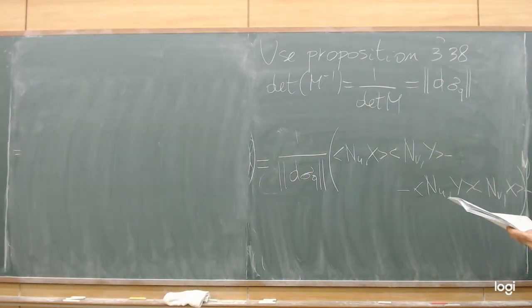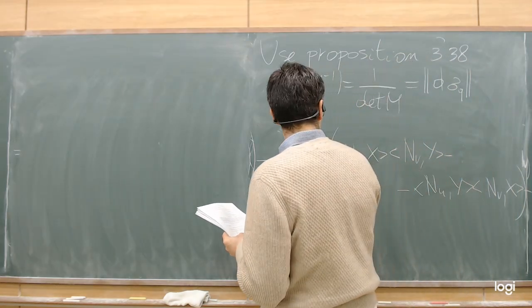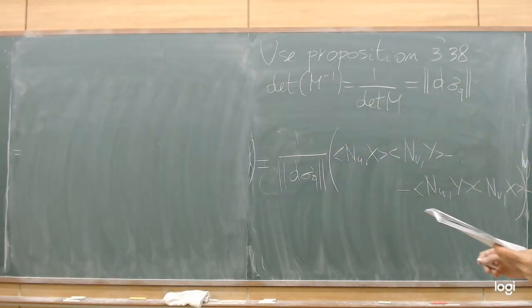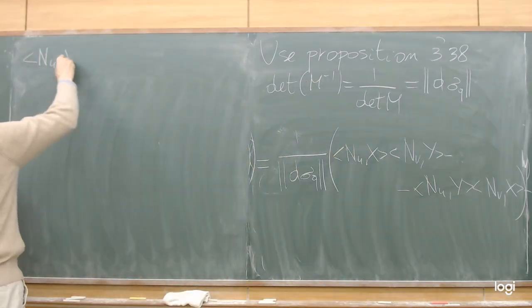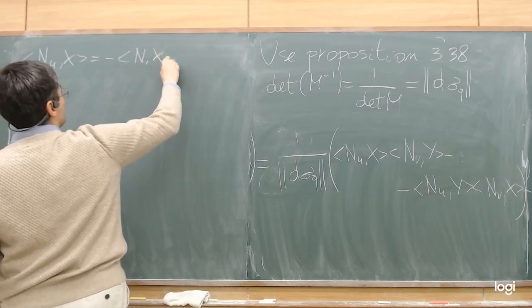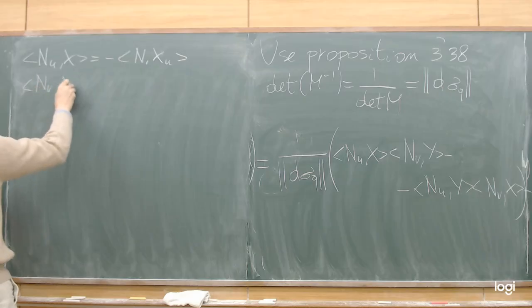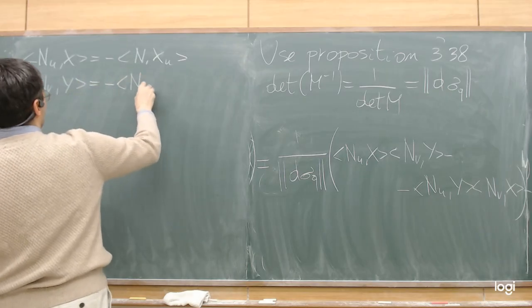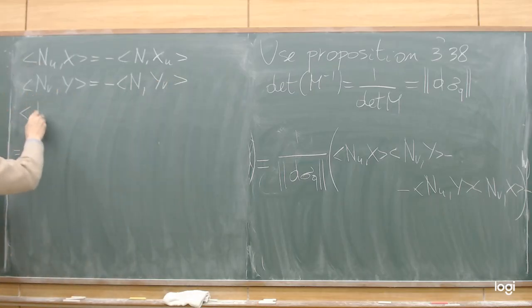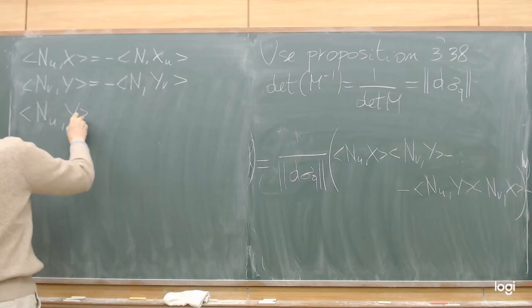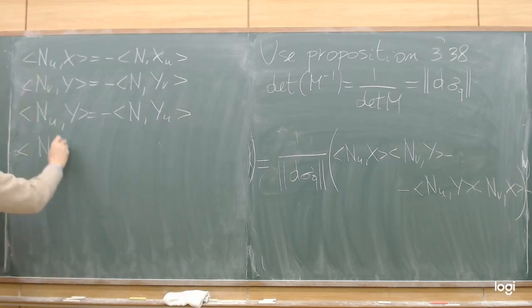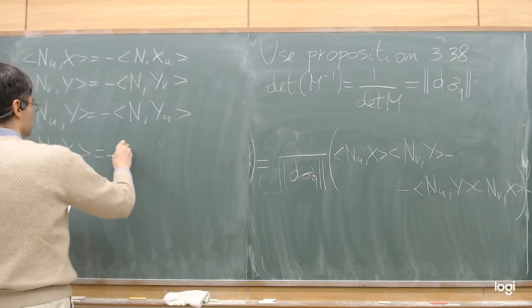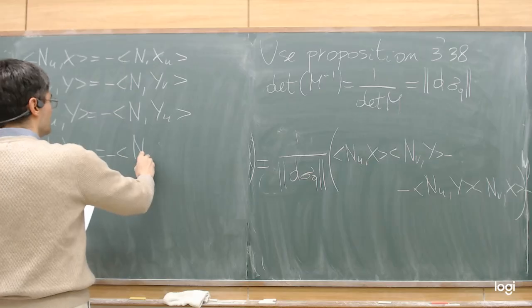And I will use the following formulas. N_u x is minus N_x u, N_v y is minus N_y v, N_u y is minus N_y u, and N_v x is minus N_x v.